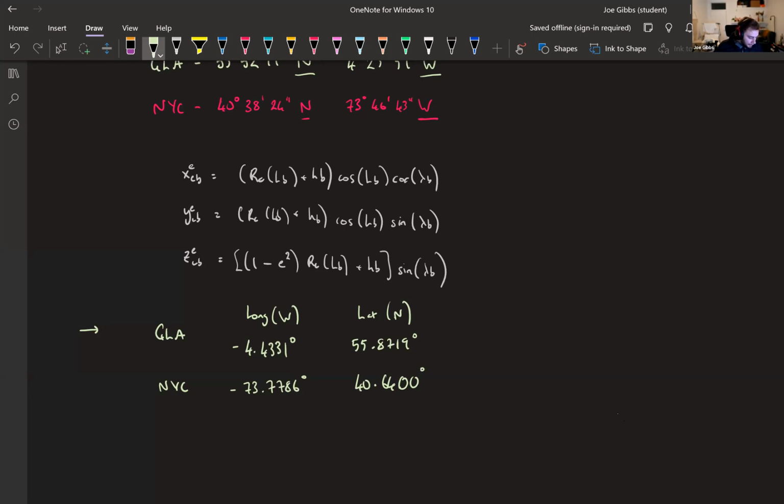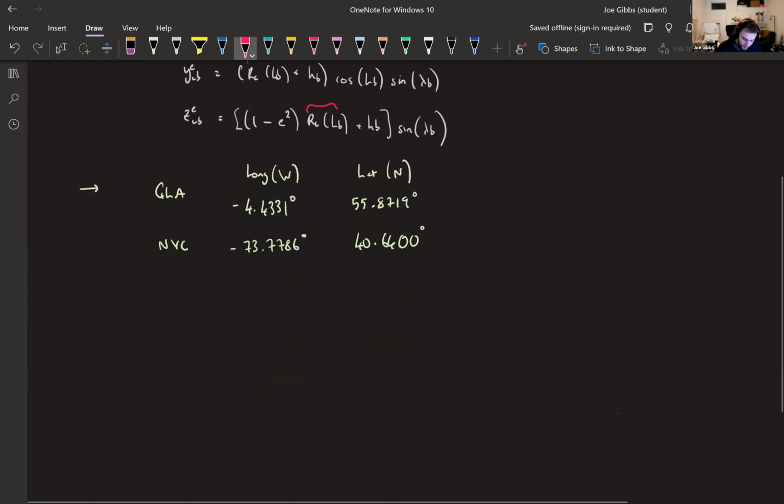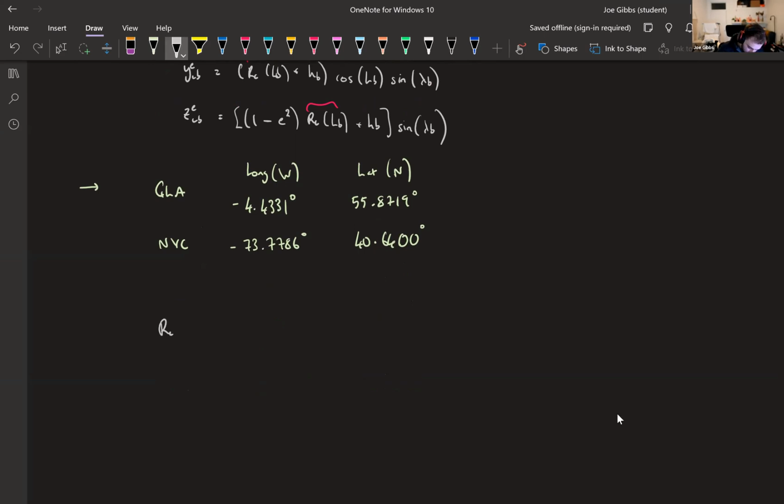Now we need to calculate the transverse radius of curvature. That's the REL value that we have in these equations just here. The way we do that is REL is equal to the radius of Earth over the square root of 1 minus the eccentricity times sine squared of our latitude.